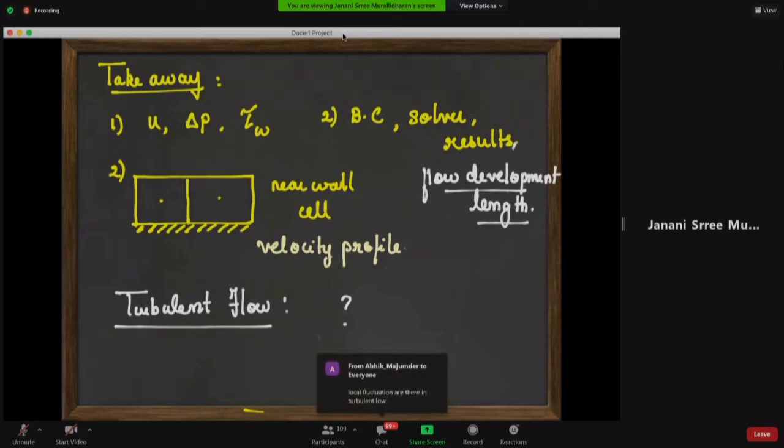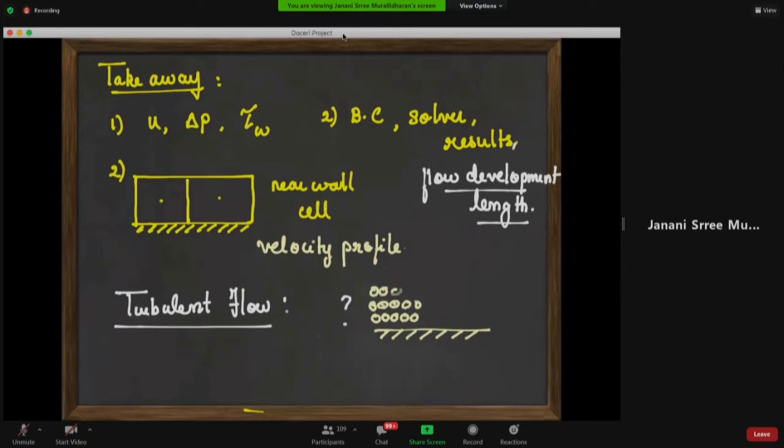So let us think of it from a CFD perspective, what this implies, right? So if you have a wall, your laminar flow typically implies that your particles are going to be moving in layers which do not mix, okay? So this is going to be your laminar flow profile, which do not mix a lot.